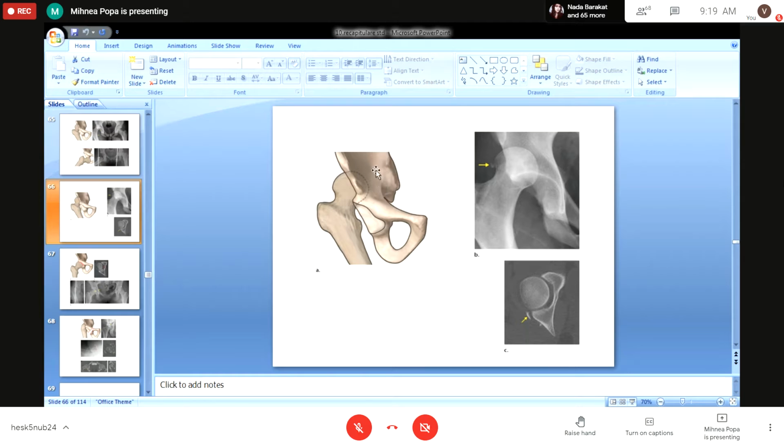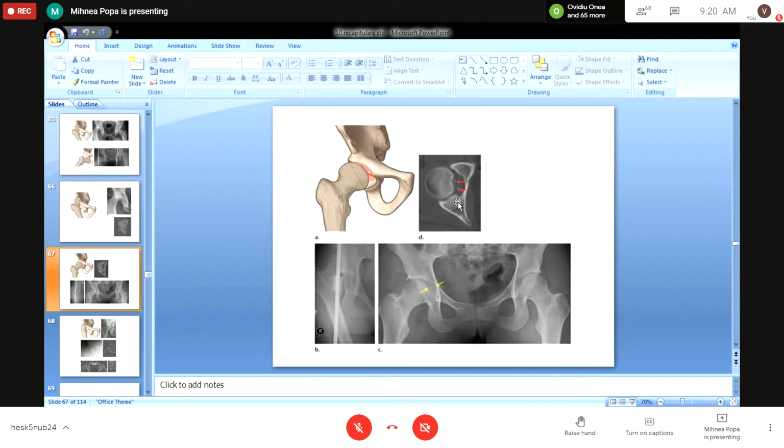Again, a luxation of the hip that is also with a fracture of the posterior wall of the acetabulum. As I told you, just a luxation is quite rare. Most of them have also some degree of fracture of the acetabulum.